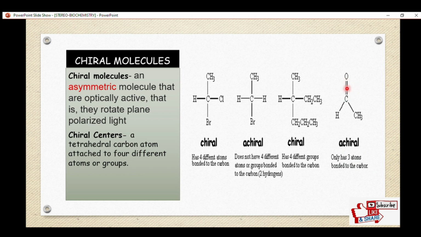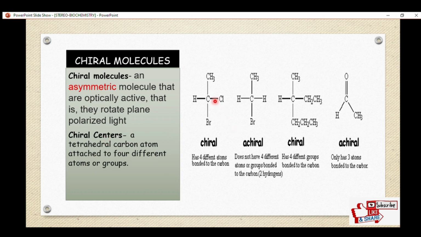We have this double bond to the oxygen, a single bond to a methyl group, and a single bond to hydrogen. So we have only three groups of atoms bonded to this carbon. From the definition, a chiral center is a tetrahedral carbon atom, and this is trigonal, so it can't be a chiral center.